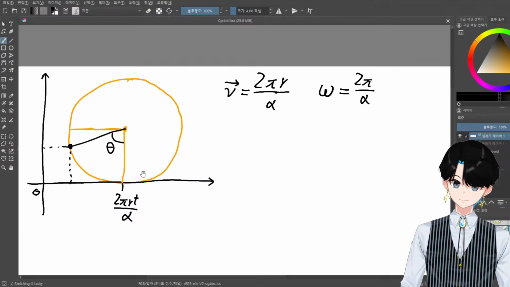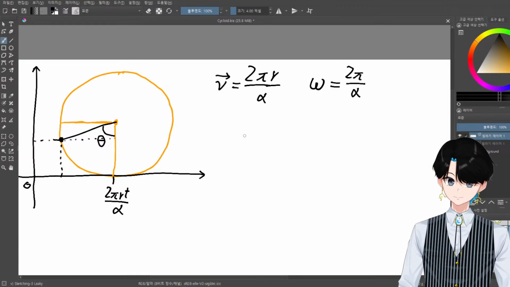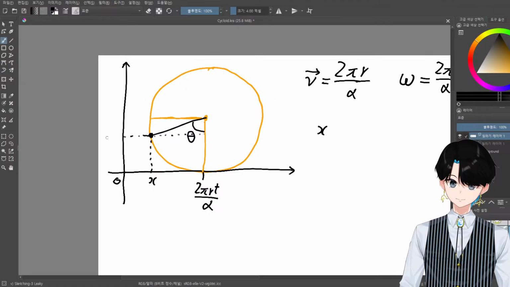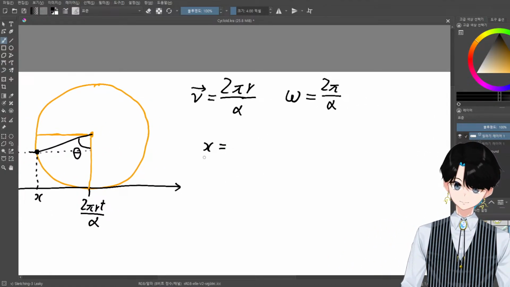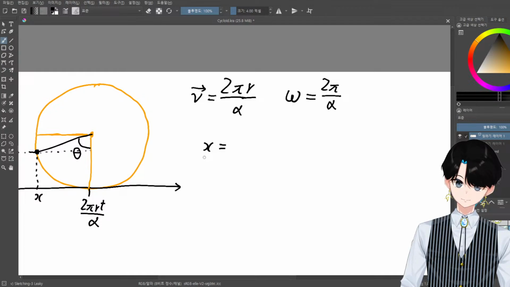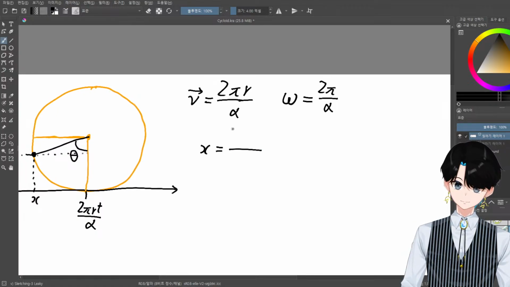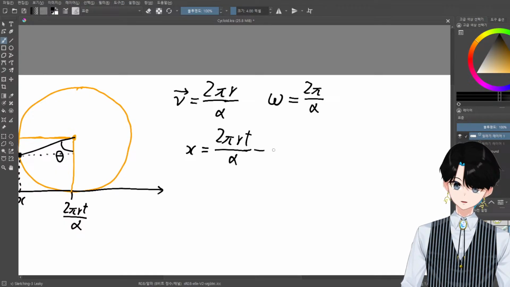The X value would be r sine theta. 2 pi RT over alpha minus r sine theta.